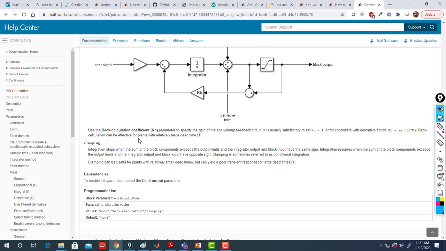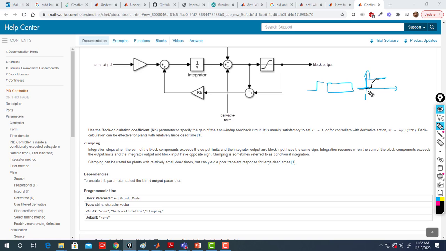Back calculation can be effective for plants with relatively large dead time. What we mean by dead time is that when you give an input, it takes time to get to the output. It will get my input, and maybe delay a little bit before responding.